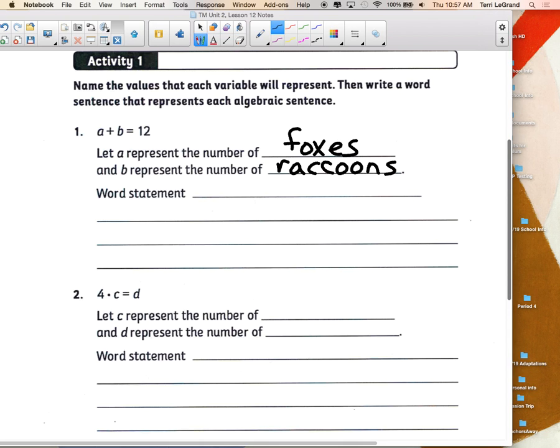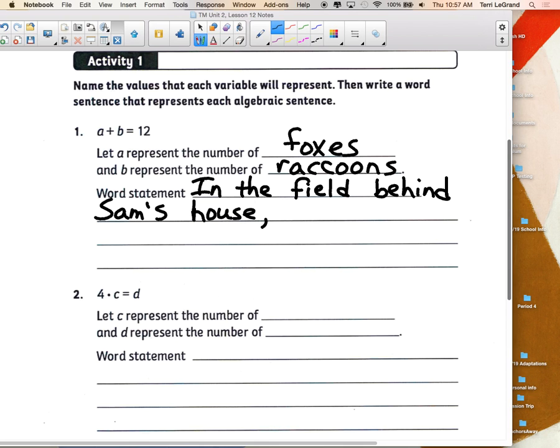In the field behind Sam's house, start it that way, okay? In the field behind Sam's house, she often sees foxes and raccoons.